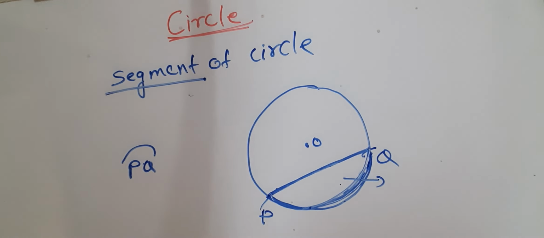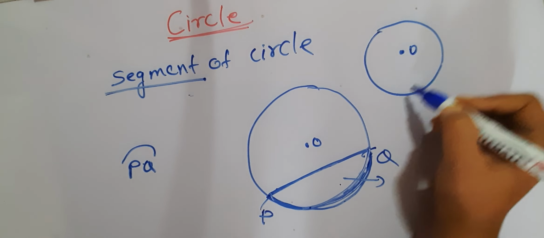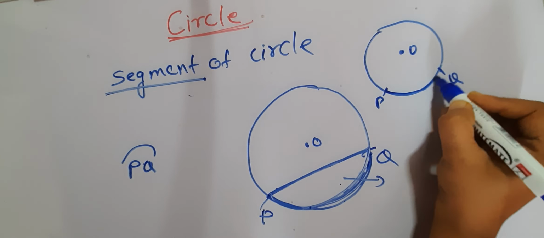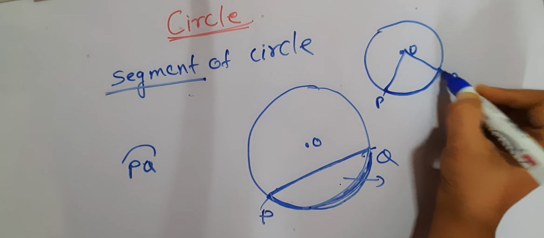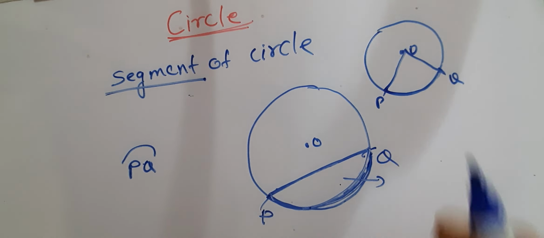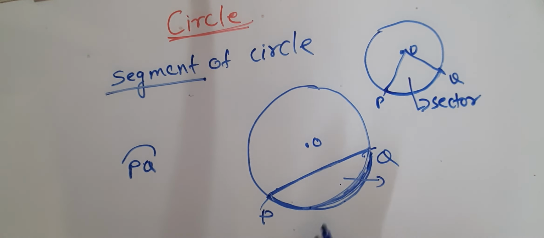What is the difference between sector and segment? In a sector it was an arc along with radii of the circle. This is a sector of the circle. In a segment it is an arc along with a chord of the circle. So this is a segment of the circle. This is the difference between sector and segment.